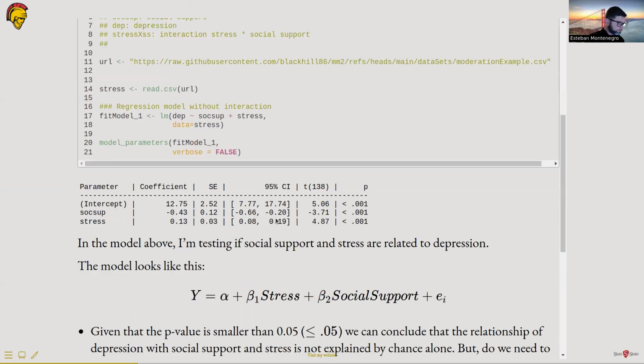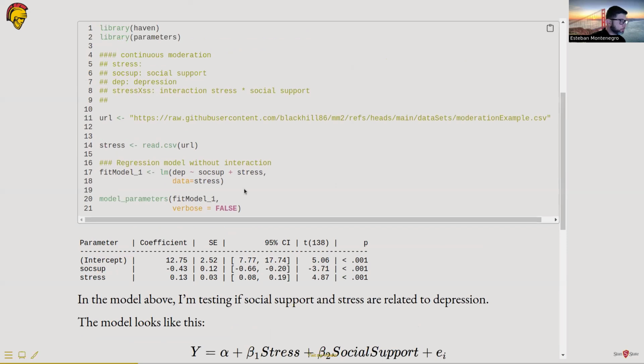So in this example, I want to test if the relationship between stress and depression is moderated by social support. But first, I need to know if social support and stress are related to depression.